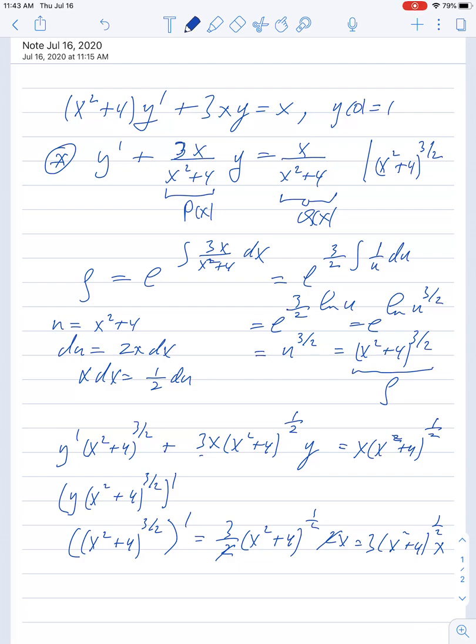Also, pay attention on the right-hand side. This is the same derivative, only one factor 3 is missing.